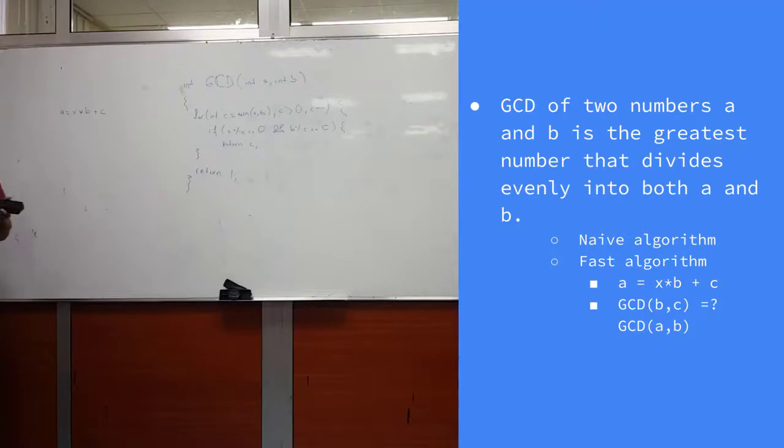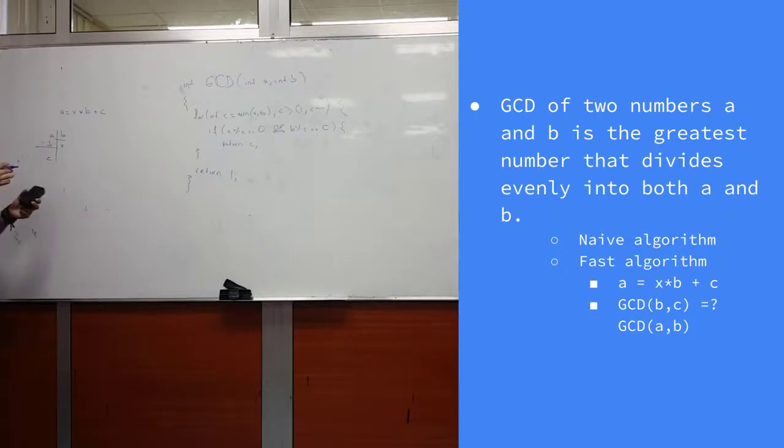Right? So basically here what we are doing is we divide A by B, and then X is our quotient, and then we have here C. I guess you guys are representing division in a different way, right?